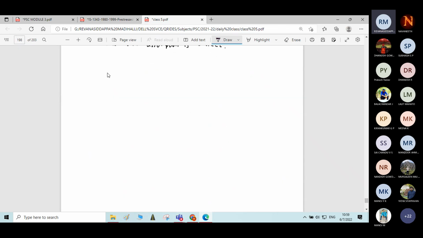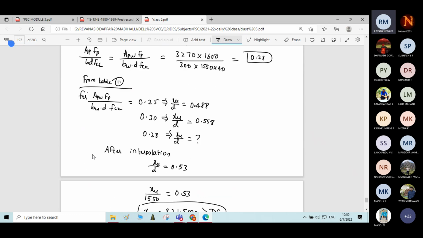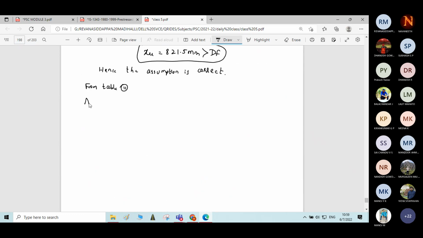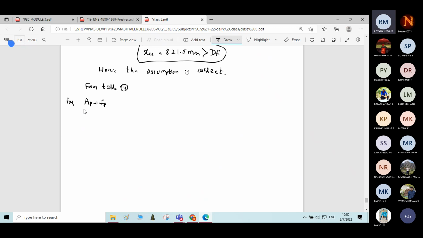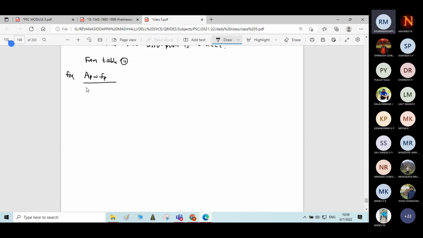From table 11, for APW divided by FP into BWD FCK equal to 0.25, corresponding FPU divided by 0.87 FP is how much?